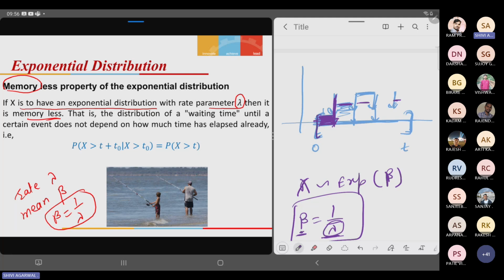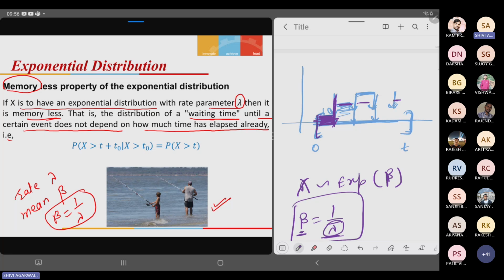Then it is memoryless. Memoryless means that the distribution of the waiting time until a certain event doesn't depend on how much time has elapsed already. For example, I showed you a picture of fishing.